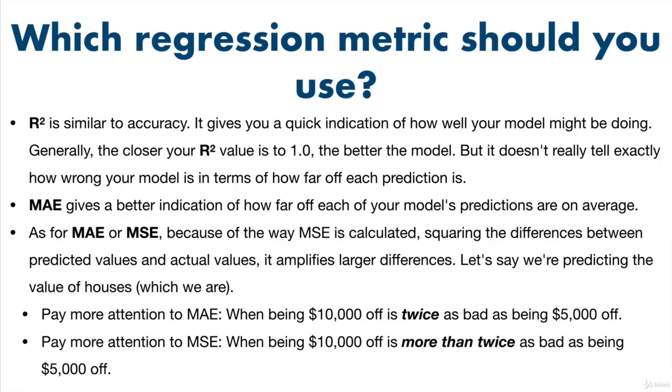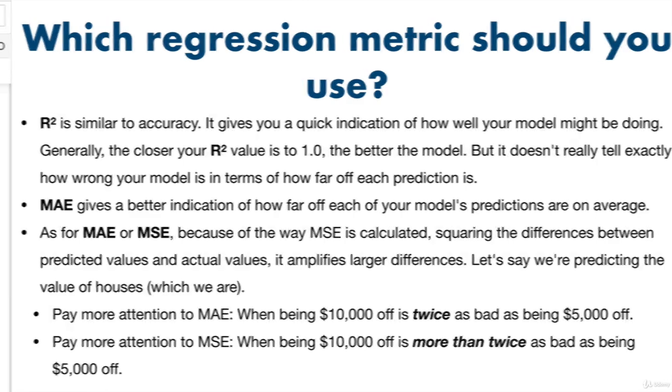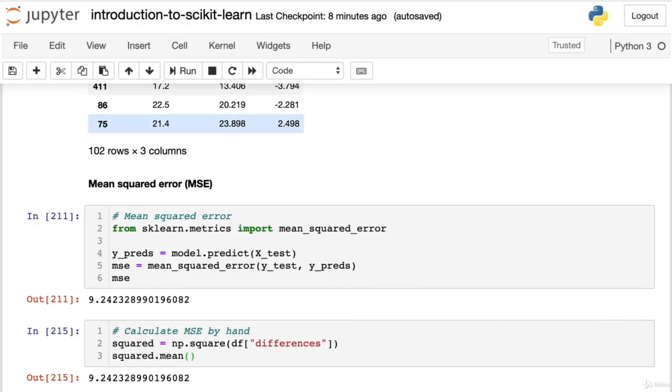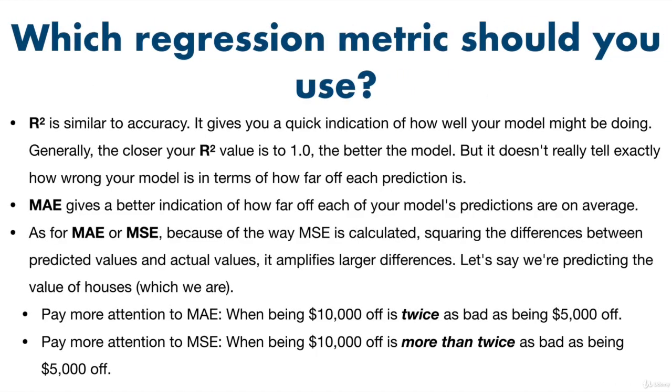And so we come back here. Now, it can get a bit confusing which to use between mean absolute error and mean squared error. Well, because of the way mean squared error is calculated, we saw that by calculating it by hand. We squared the differences and then took the mean, right, instead of just taking the absolute differences. Because of how MSE is calculated, squaring the differences between predicted values and actual values, it amplifies larger differences. So you could imagine if we had a difference of, say, 10 and we squared that, that's going to be now a difference of 100 and we're taking the average of that. So let's say we're predicting the value of houses, which we are.